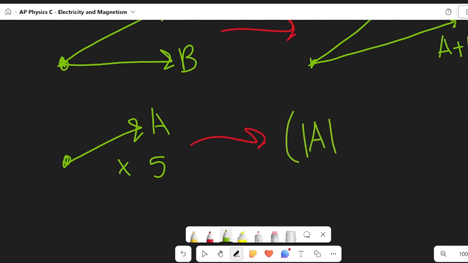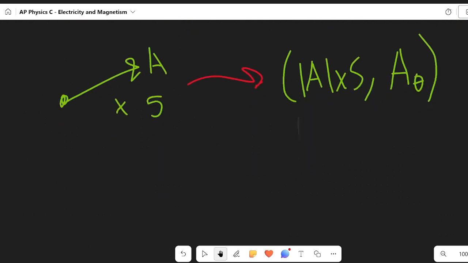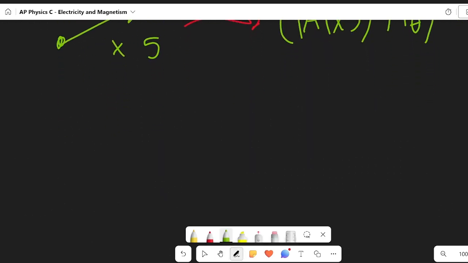So we simply multiply the magnitude of A, which we denote with absolute value bars, by 5, and then we just keep the same direction. I'll use A theta for direction. So it'll look something like this.